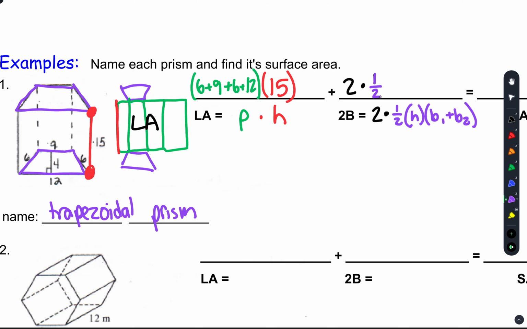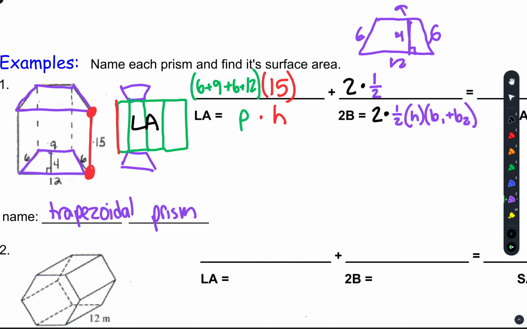Now, this height is a little bit different than the height of my prism that we used before. This height refers specifically to the height of my two-dimensional figure, which is my trapezoid. So this is a 6, 9, 6, 12. The height of this trapezoid, we can see it labeled there, is 4.